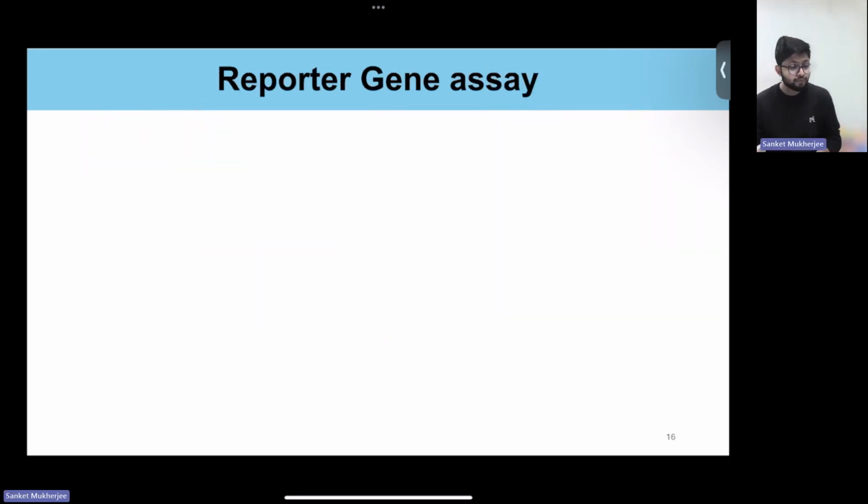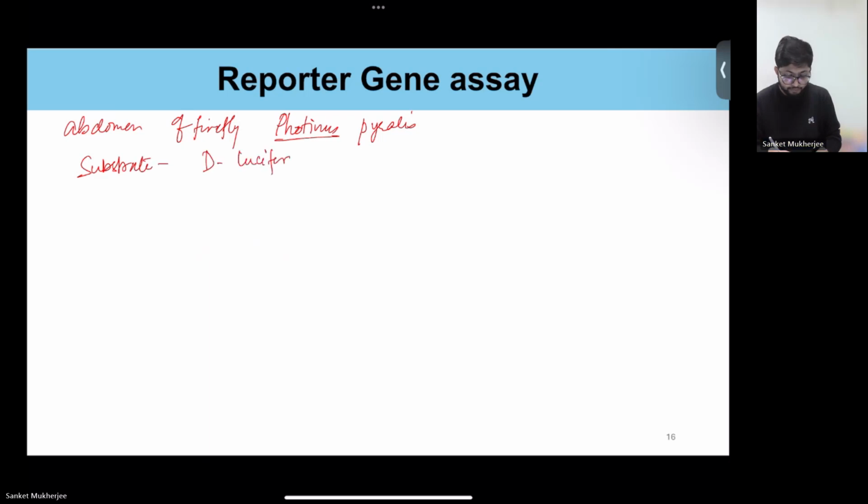So, luciferase reporter gene system: luciferase is taken from the abdomen of a firefly. Photinus pyralis is the scientific name, right? The substrate is D-luciferin, and the product is oxyluciferin.